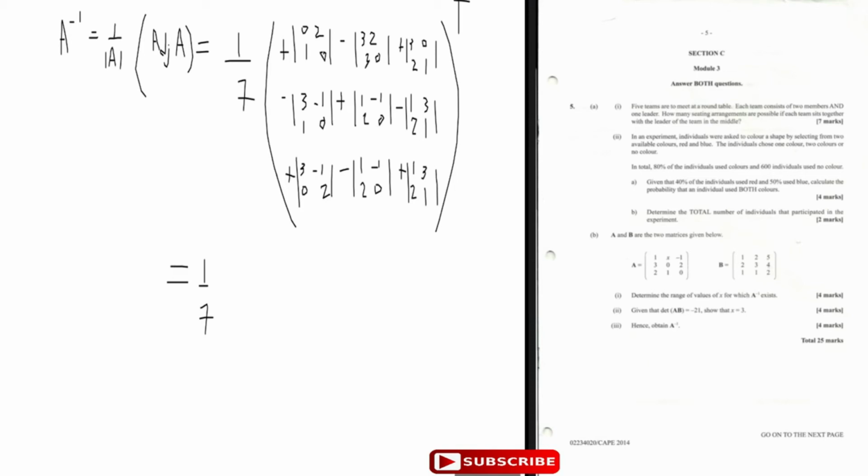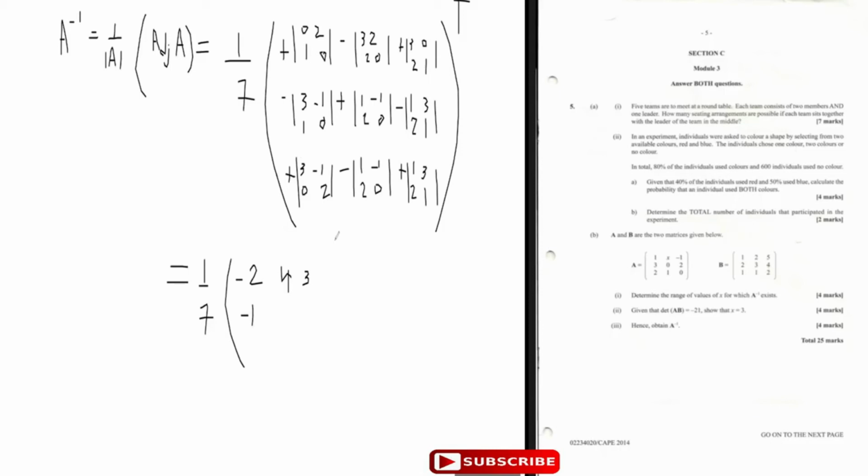So now we have the cofactor matrix. The cofactor matrix is going to work out to be 0 minus 2 is minus 2. This part is going to be 0 minus 4 is minus 4. Minus of minus 4 is 4. And here is going to be 3 times 1 is 3 minus 0, that's just 3. 3 times 0 is 0. Minus 1 is plus 1, but then the minus makes it minus 1.